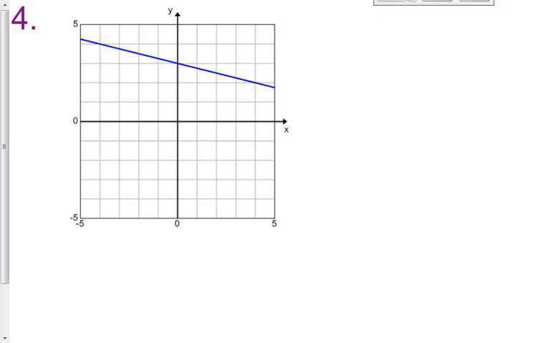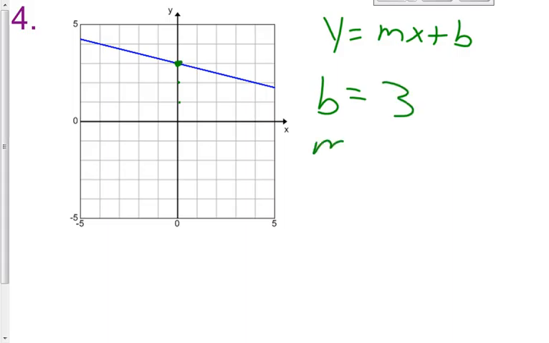Alright, hopefully you found that if I want these in y equals mx plus b form, as long as I know my slope and as long as I know my y-intercept, I'm golden. Do I know what my y-intercept is? It crosses at 1, 2, 3. My y-intercept is 3. Do I know what my slope is? Just find any 2 points on the line and count out your rise and your run.